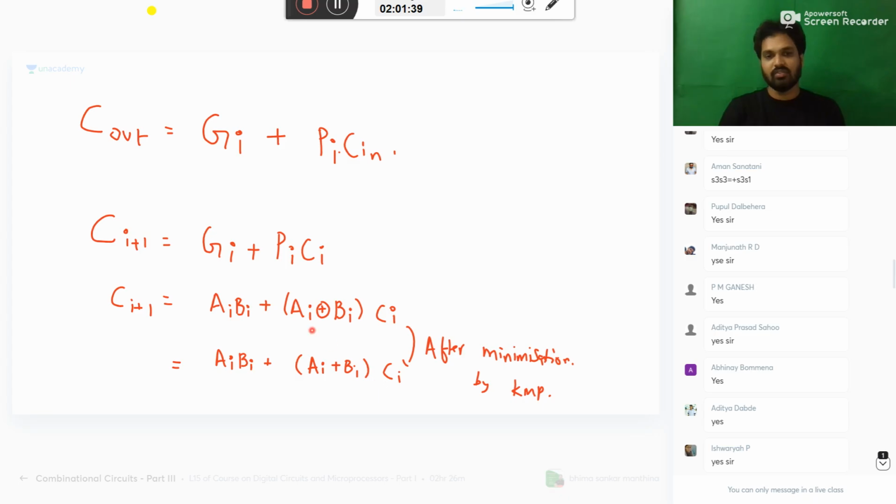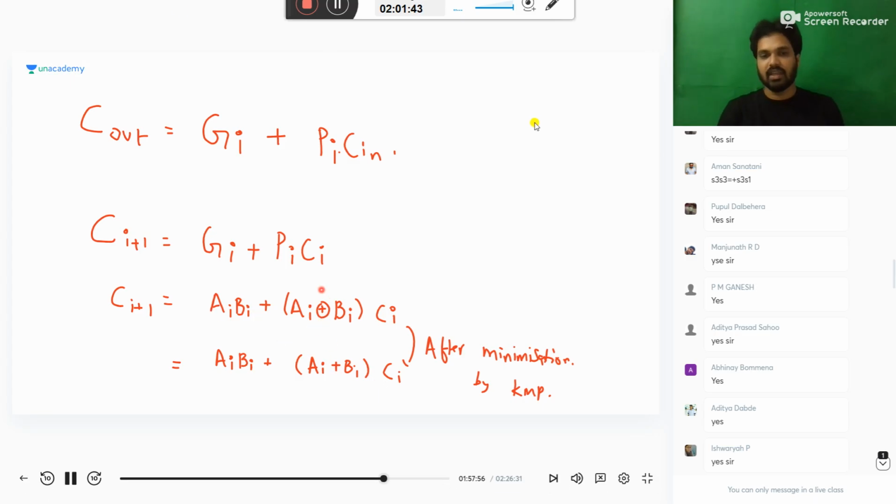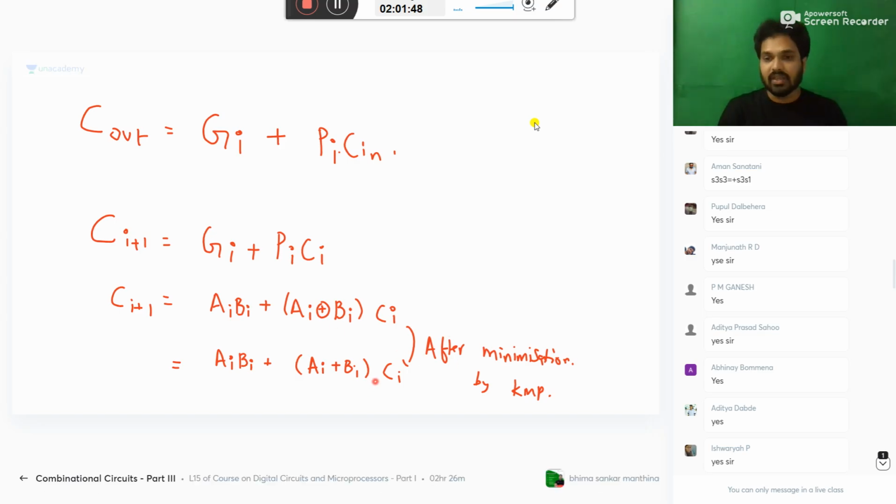I am not saying XOR will become plus. Take this equation, minimize it by K-map or Boolean algebra, then you will get back this equation. So in some textbooks, propagate carry is given as XOR. In some textbooks, propagate is also given as A plus B. Both are correct, because after minimization this expression will come back as this expression. So in place of XOR, if you take OR gate also, it will work properly.